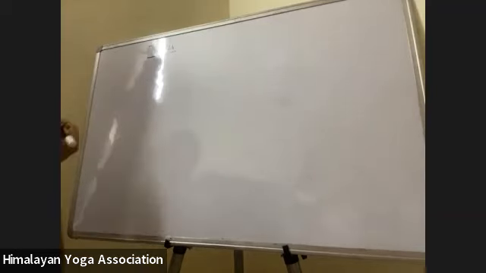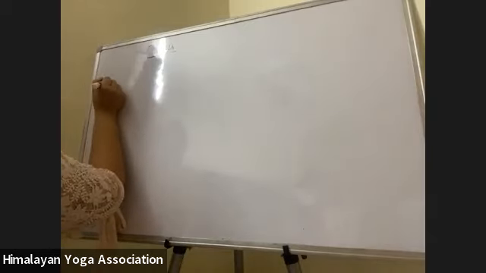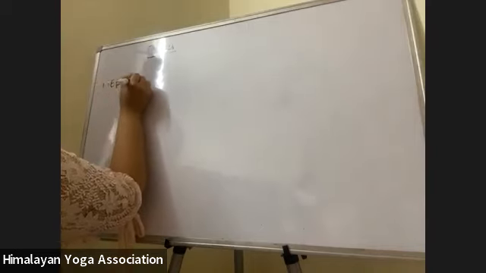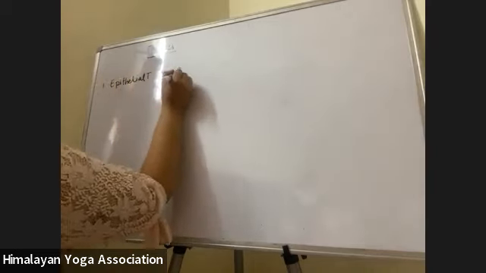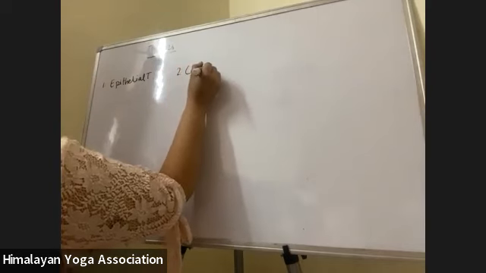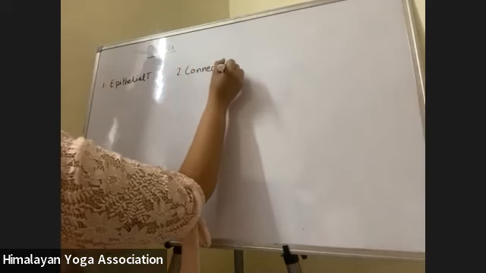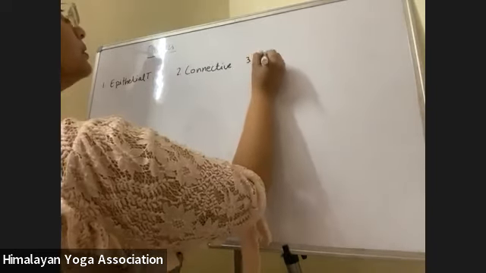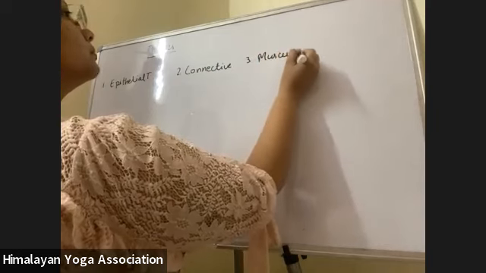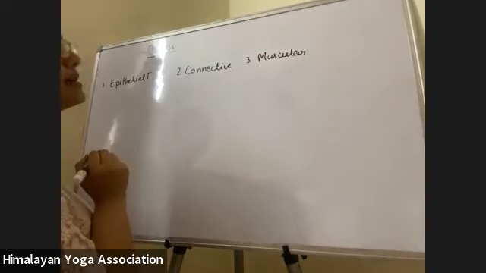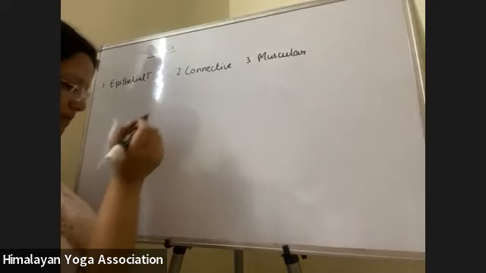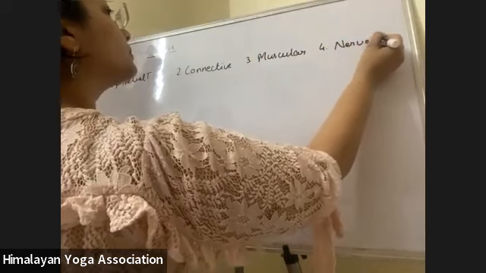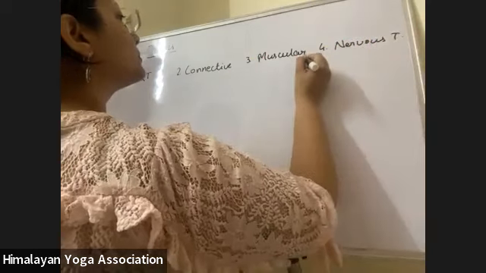So there are 4 types of tissues: epithelial, connective, muscular, and any guesses? Nervous tissues.